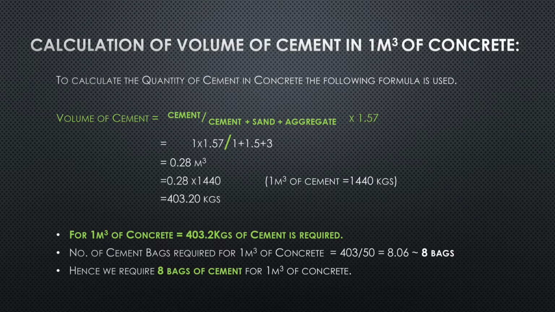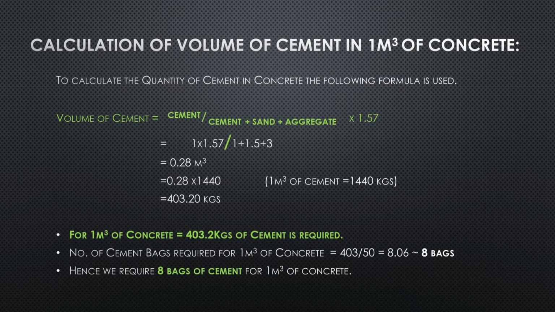Here 0.28 into 1440 converts it to kgs. Here we consider 1 cubic meter of cement equal to 1440 kgs. For 1 cubic meter of concrete, 403.2 kgs of cement is required.